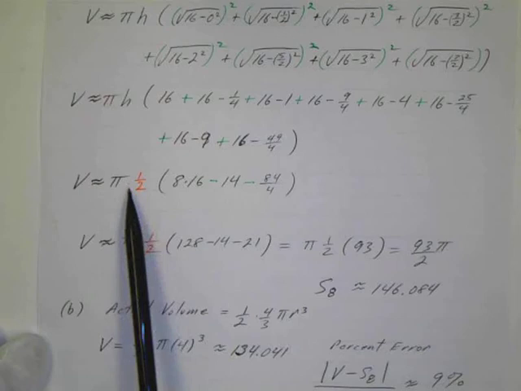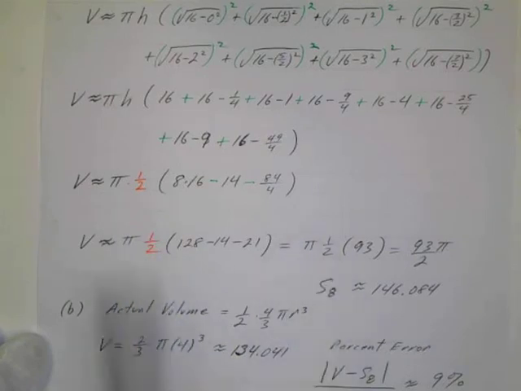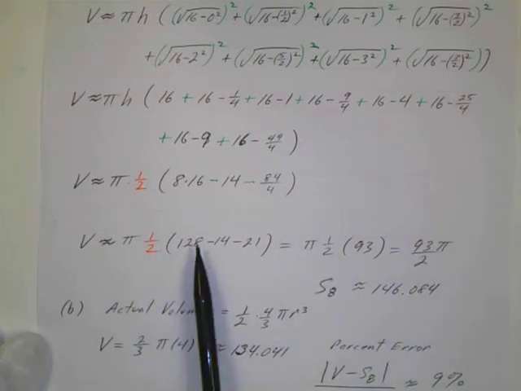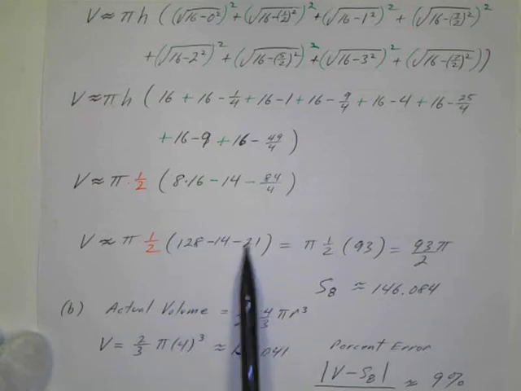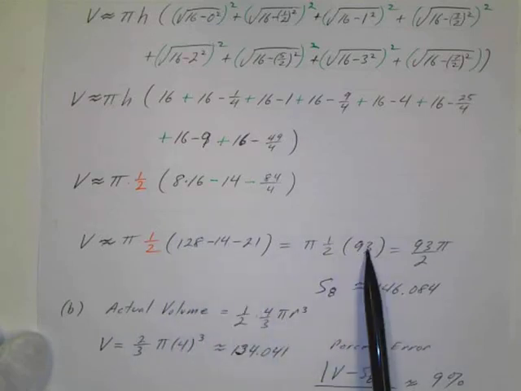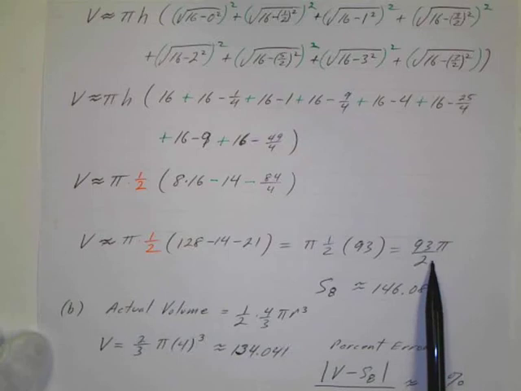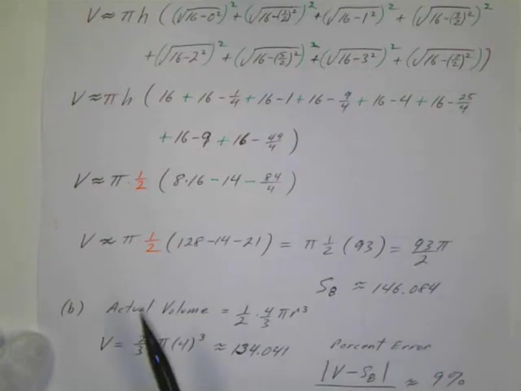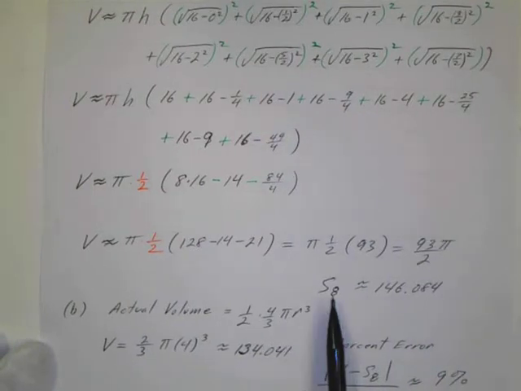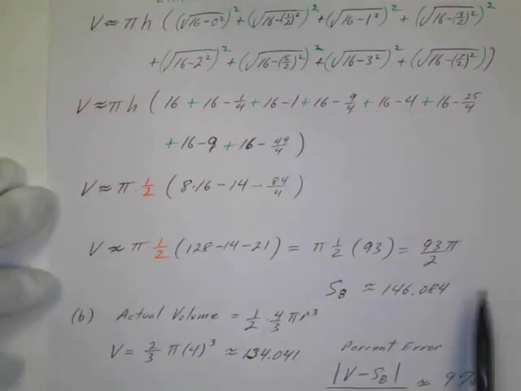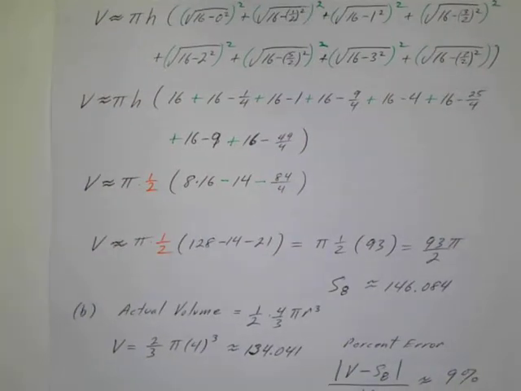Pi times 1/2, that was my height of all the different cylinders. And 8 times 16 is 128 minus 14 minus 21, ended up being 93. So it was 93 pi over 2. Then I used my calculator, I calculated that, and that was actually the sum of those 8 cylinders. That was the approximate volume. So that was your approximate volume.